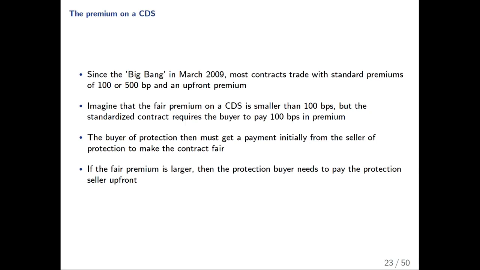Let's imagine that fair value was 50 basis points. How do I determine that 50 basis points? Well, a bank is going to quote me that number. They're going to have a model for it. Now, let's say a standardized contract for a particular company was 100 basis points. How does the CDS transaction work? The difference between these two is 50 basis points.